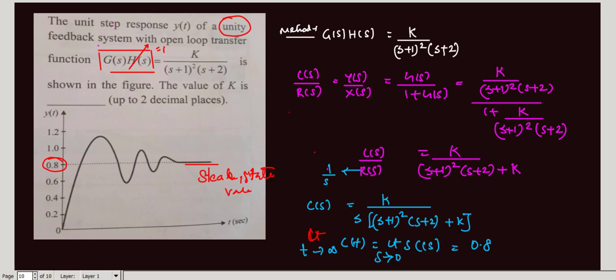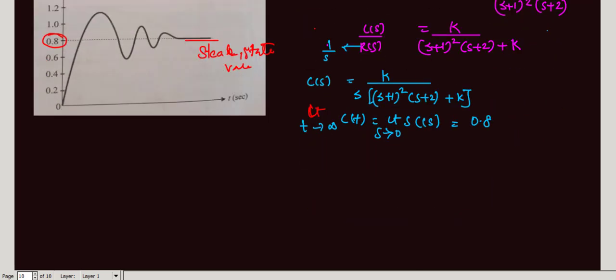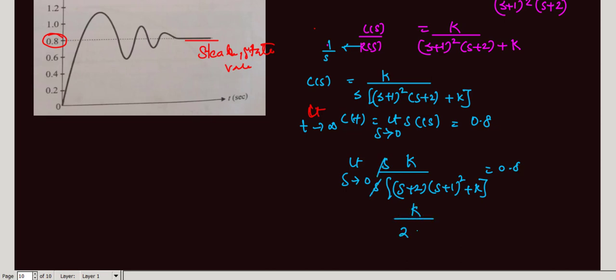If I substitute, limit s tends to 0 of s into K by s into (s plus 2) into (s plus 1) whole square plus K equals 0.8. The s cancels, so K by 2 plus K equals 0.8, replacing s with 0.